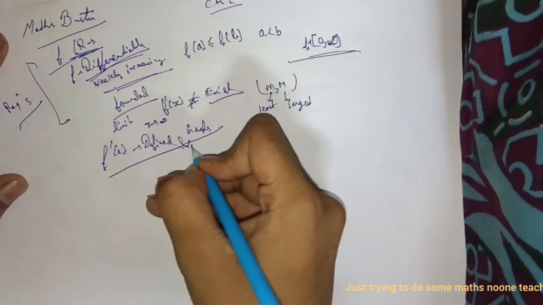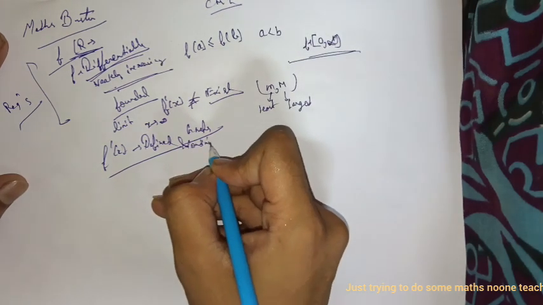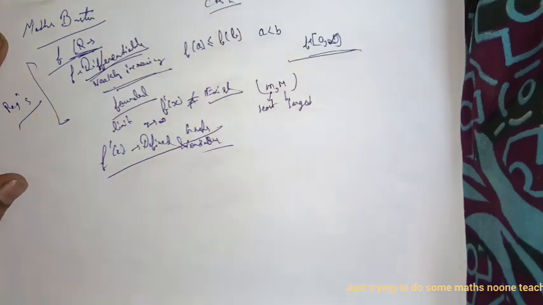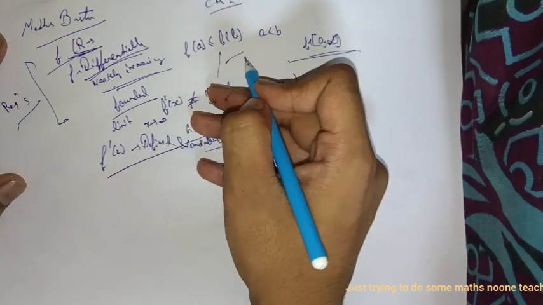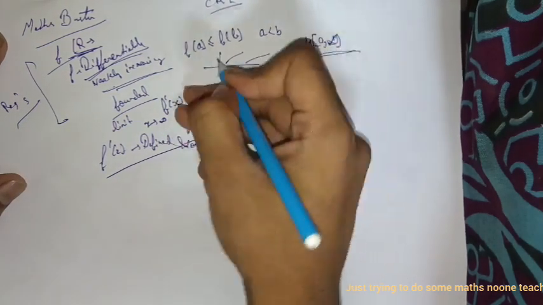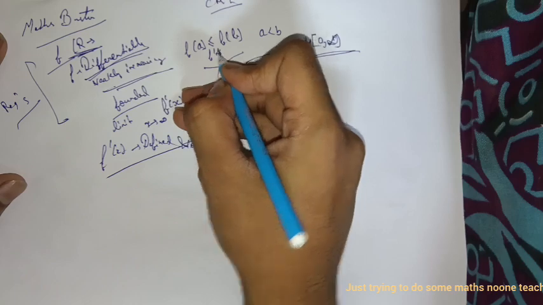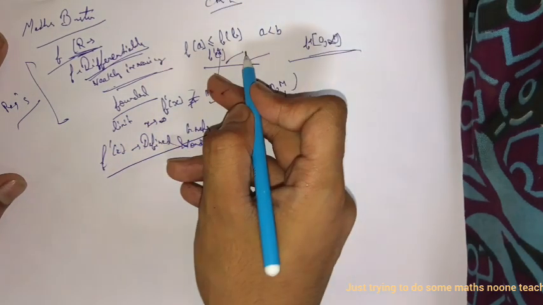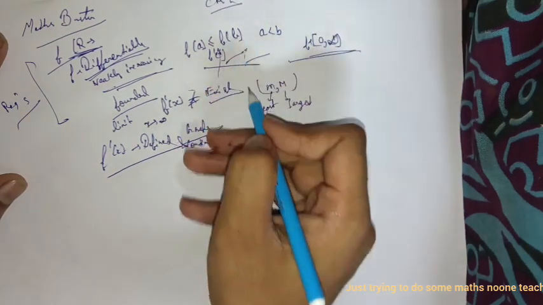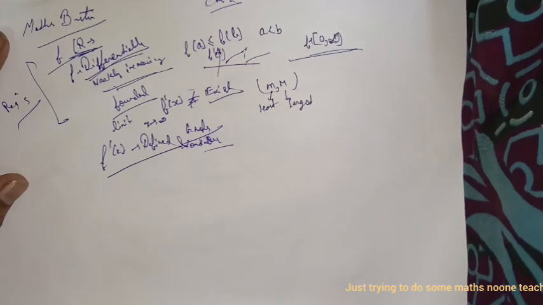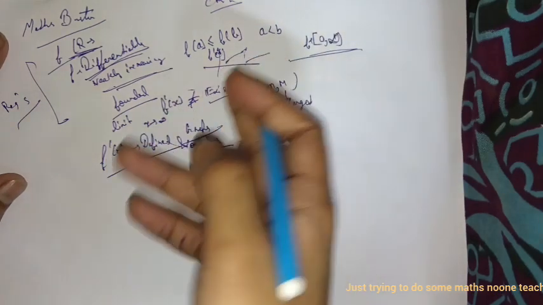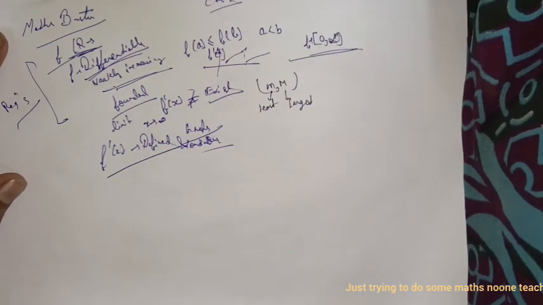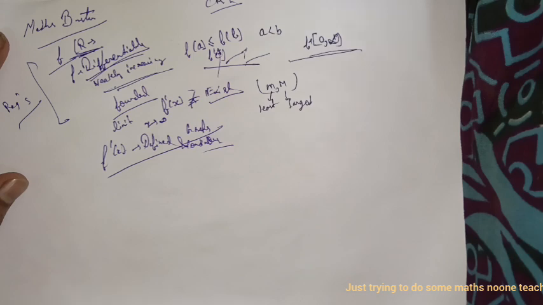Defined and continuous. Because if f dash x is not continuous, like it breaks, something like this, let this function be f dash x, and it breaks like this, then f x will not be differentiable because suddenly the magnitude of f x will change.